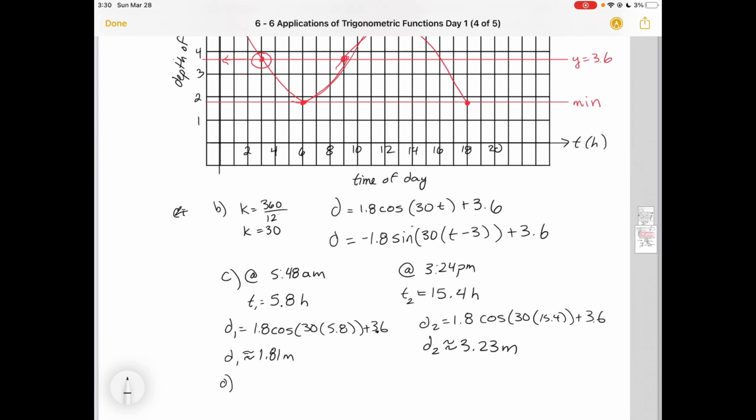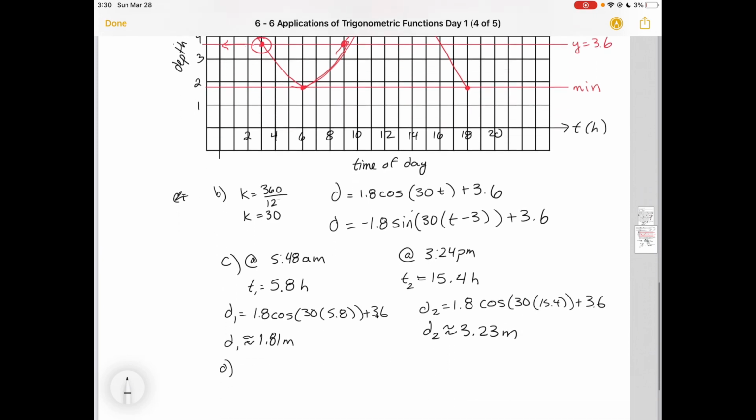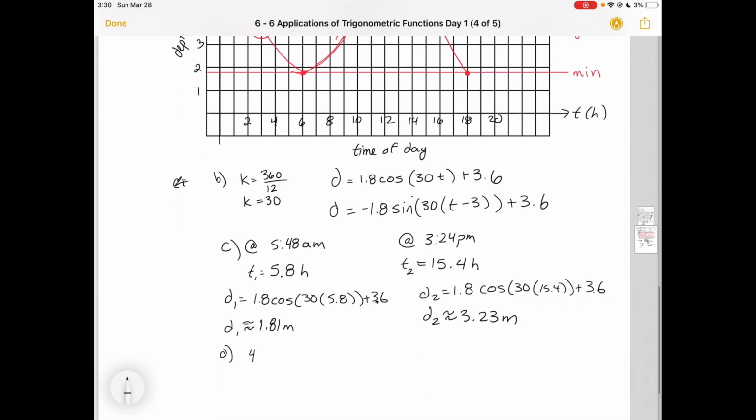Here we go. Our last part is we're asked to find a time when the depth of the water is 4 meters. So that means that I'm going to set D equal to 4, and I'm going to solve for t. So let's do some work here.